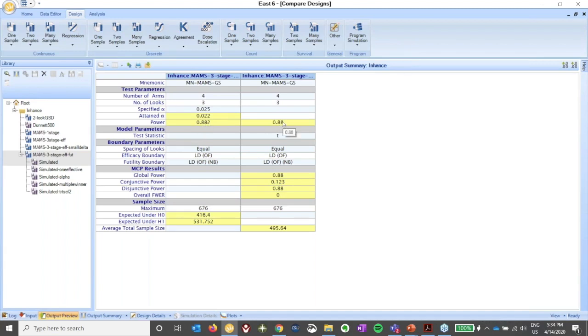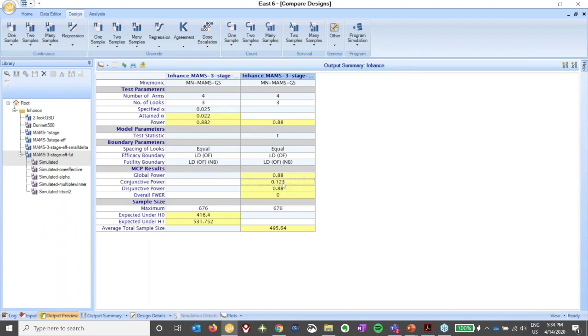While with the simulation-based approach, you can see that we are right in the same area. So what is also reported is the global power, which is the probability that you're demonstrating statistical significance on one or more groups. But we're also reporting the conjunctive power.